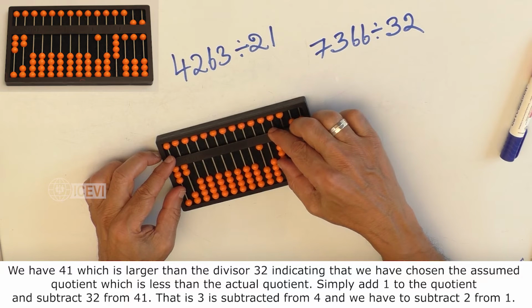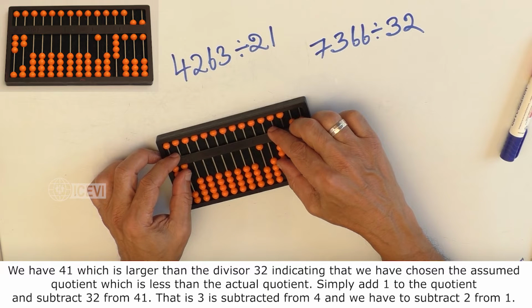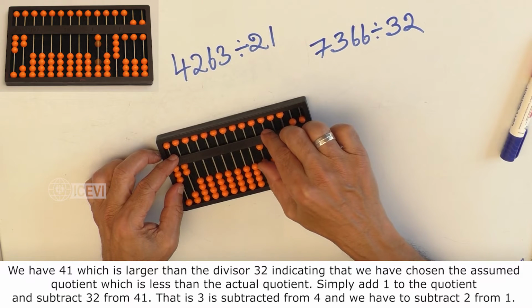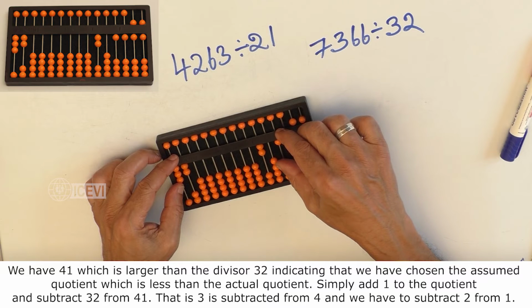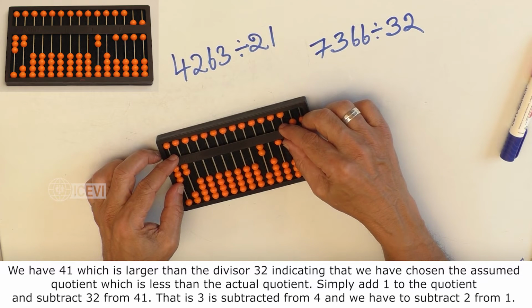We have 41, which is larger than the divisor 32, indicating that we have chosen the assumed quotient, which is less than the actual quotient. Simply add 1 to the quotient and subtract 32 from 41, that is 3 is subtracted from 4 and we have to subtract 2 from 1.